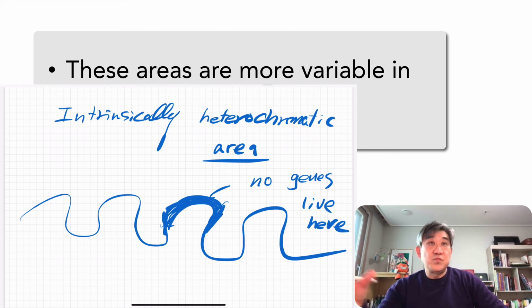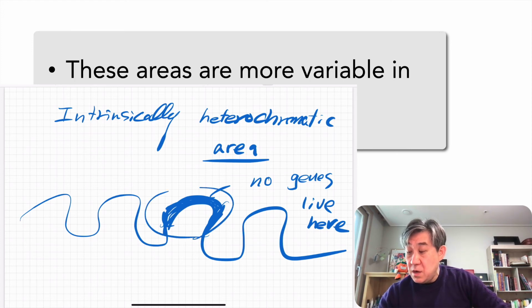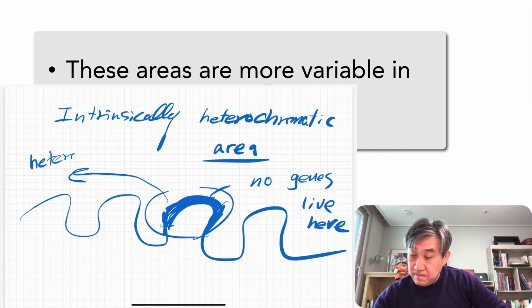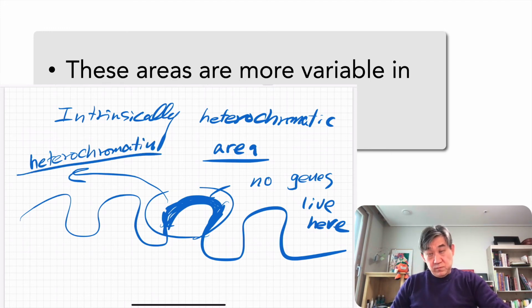Then usually, almost all the time, this area will exist in the form of heterochromatin, right? Because there is no incentive for you to make this area much less condensed.